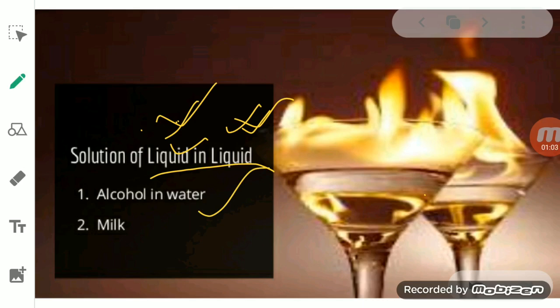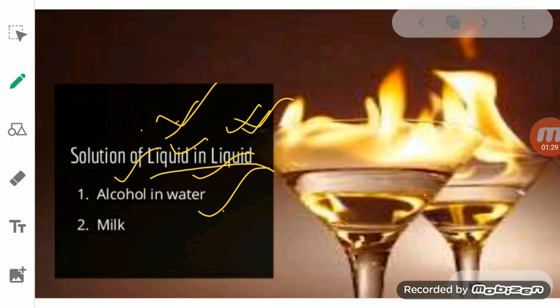Now see here, alcohol in water. Suppose you add a certain amount of alcohol in water, then this alcohol will properly get dissolved in the water. So here the amount of alcohol which we are using is small, and that's why we are considering this alcohol as the solute.